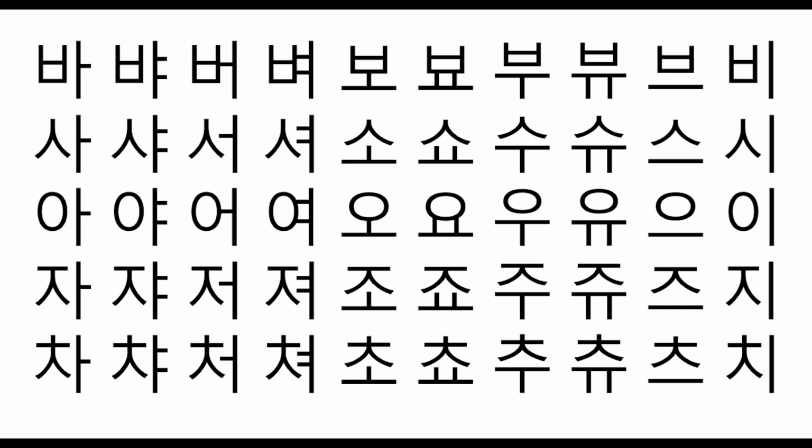And the fifth line is cha, cha, cho, cho, cho, cho, chu, chu, ch, chi. So we're going to go back to the top line, the first line, and we're going to read it all the way across one more time.